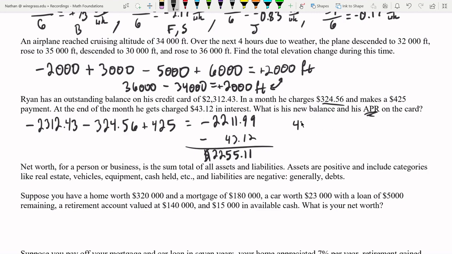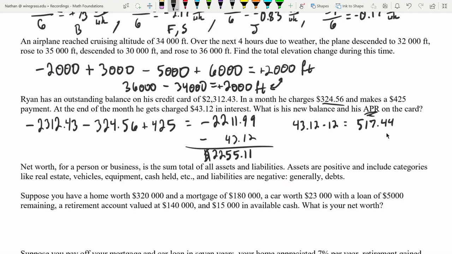So 43.12 times 12 gives us $517.44. This is the interest he would have to pay if he kept it at $2,211.99. That means he's paying off that $43.12 every single month, but not doing anything else with the card.